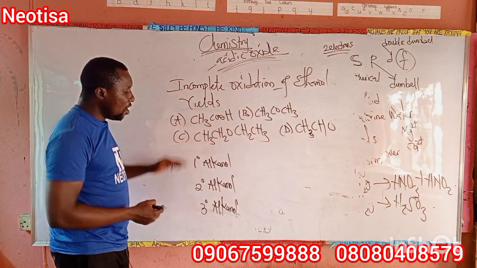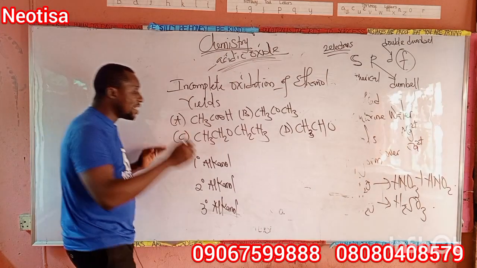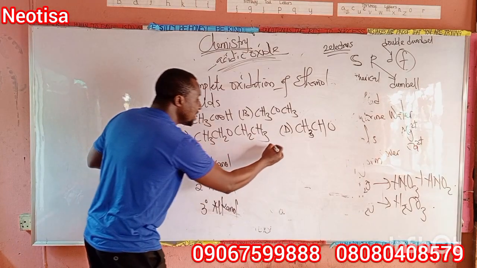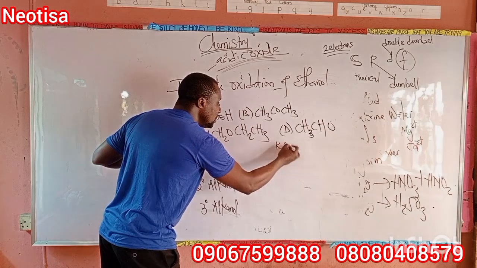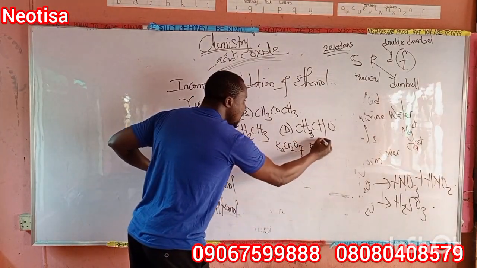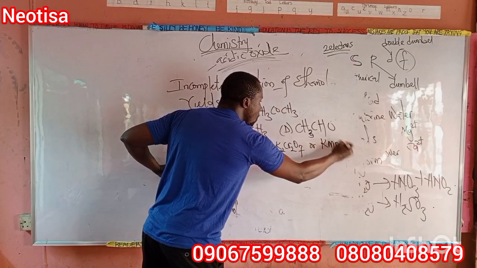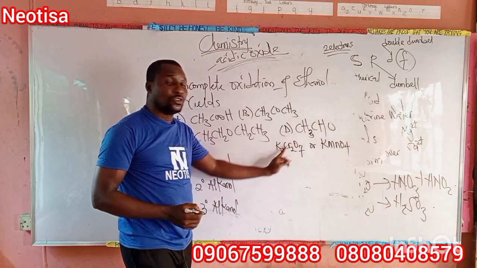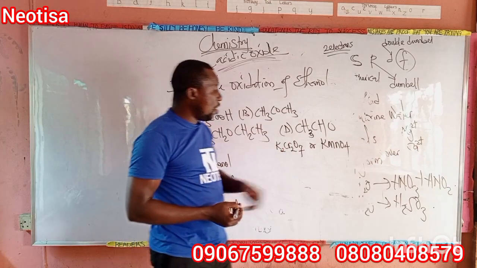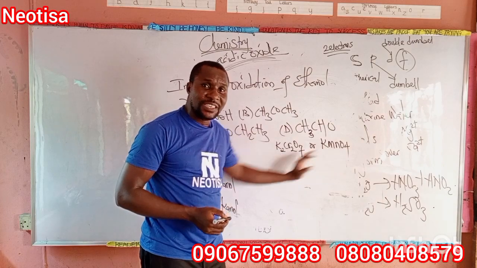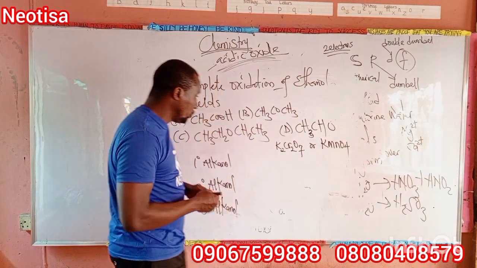In this case, oxidation of these three can be carried out using an oxidizing agent, which could be K2Cr2O7 or KMnO4, potassium heptaoxodichromate(VI) or potassium permanganate. These two are oxidizing agents that can be used.